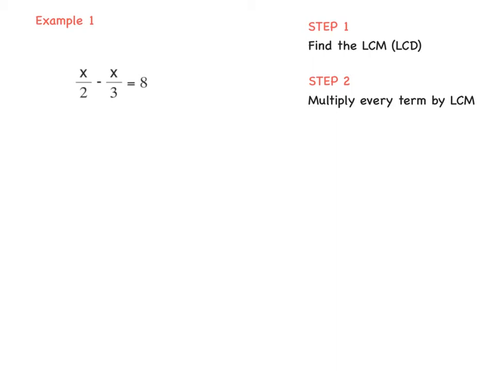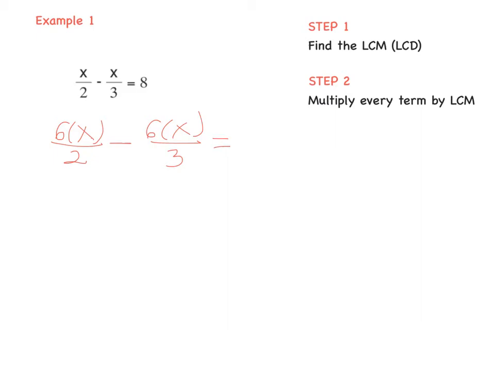Once we have the lowest common multiple, we go to step 2: multiply every single term by 6. So 6 multiplied by x all over 2 minus 6 multiplied by x divided by 3 equals 6 multiplied by 8.